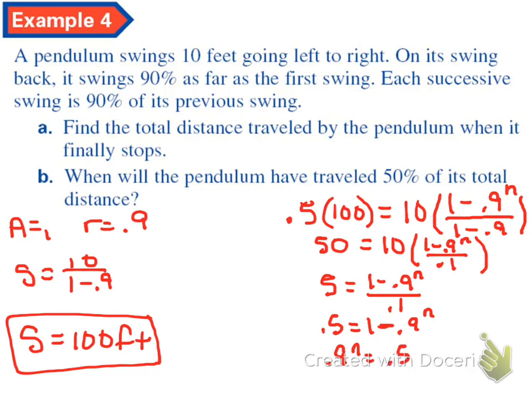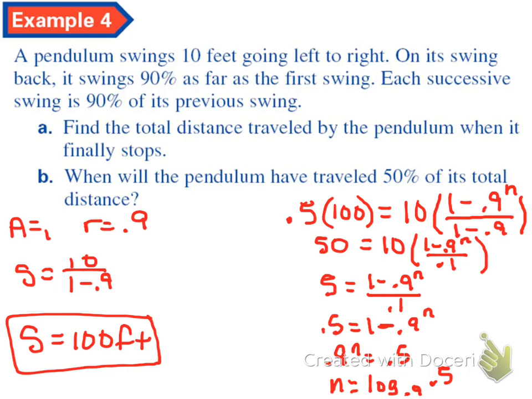Alright, now remember to get rid of the base 0.9, we'll use a log on both sides, so that on the left-hand side we're left with just n, and then it will be equal to log base 0.9 of 0.5. Punch that into your calculator.